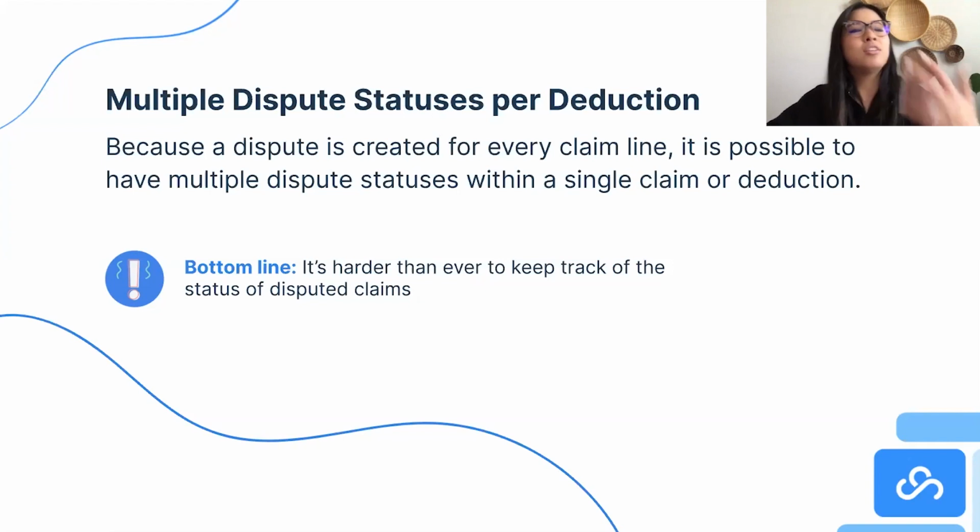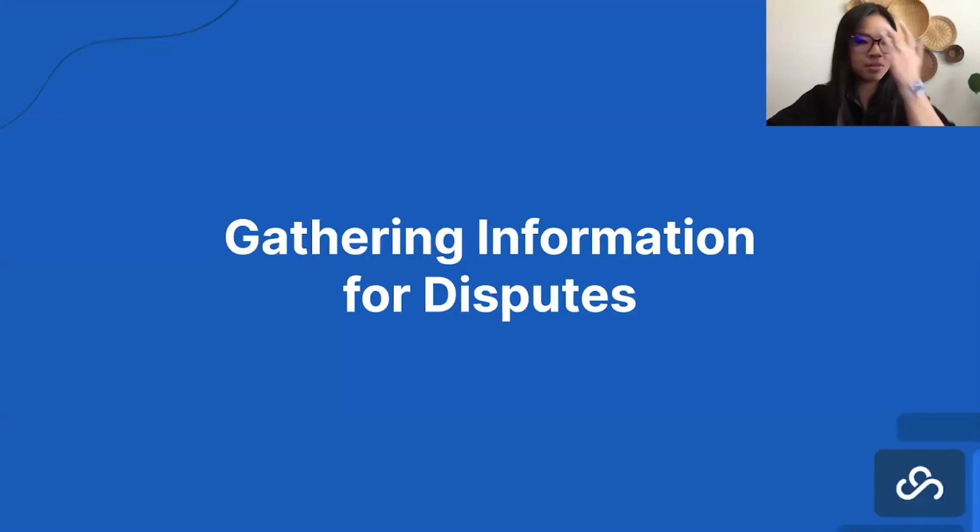On one hand, it is nice to have that level of granularity to really help determine what you do and do not want to dispute. But the other side of that coin is that it does get harder to actually track the status of disputed claims, because now you can have multiple dispute statuses on one claim or one deduction. So just wanted to point that out for you guys.